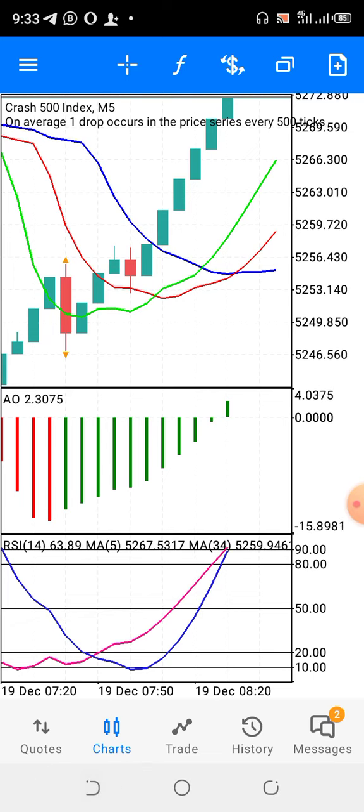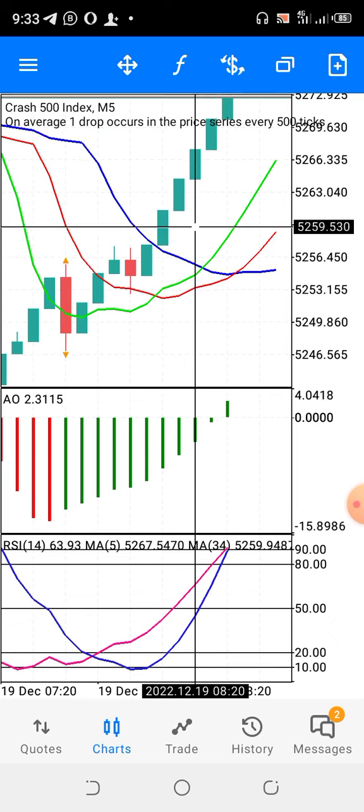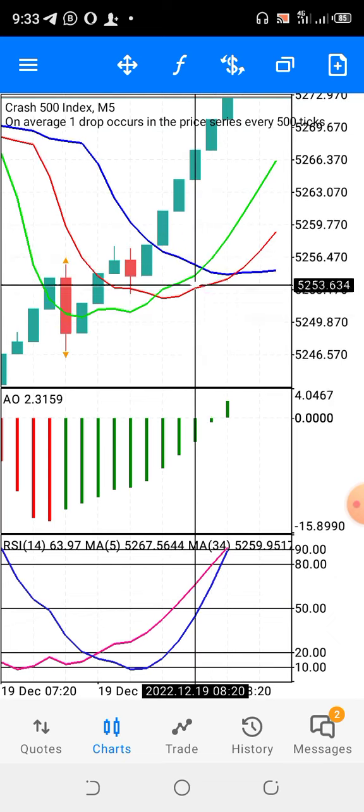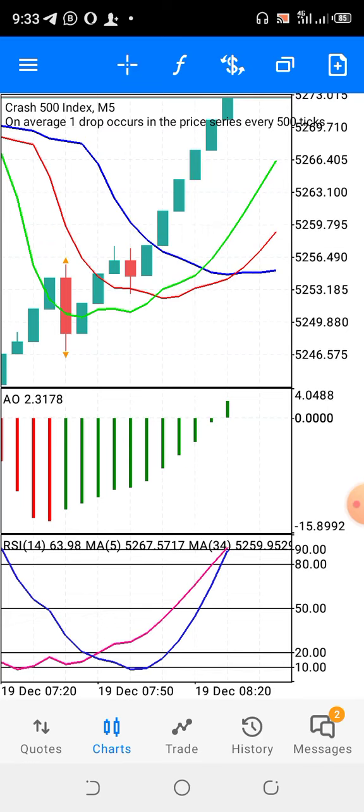All right, so you can see it now. So anytime this thing crosses like this, no matter the zoom level you are using, if you confirm this thing that has crossed like this, then wait for one more thing.